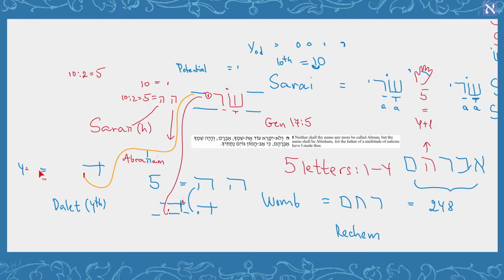So we have 4, the letter Dalet, plus 1. And this gives us 5.